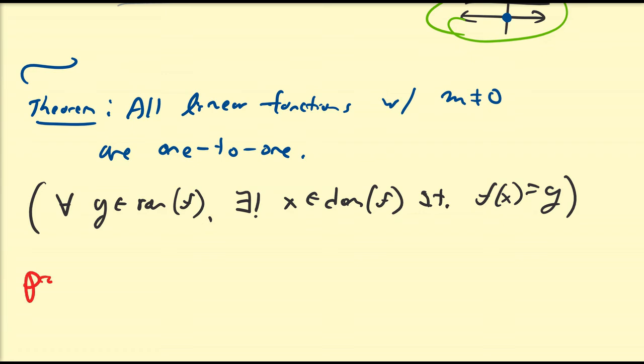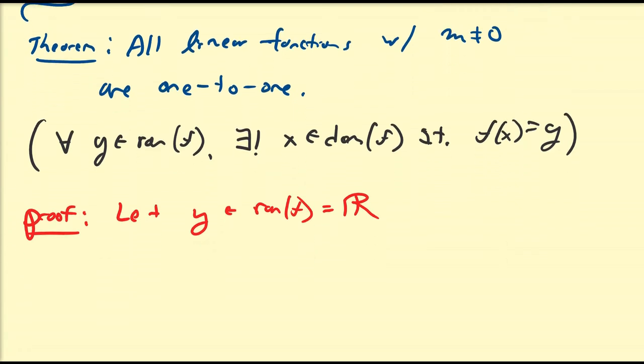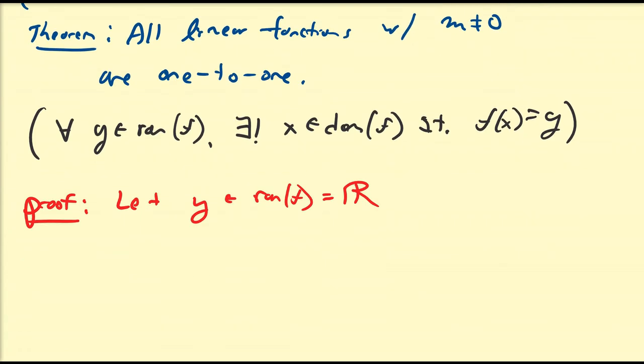All right, let's see if we can prove this. I'm going to let y be an element of the range of f, which we know, of course, is R. So it doesn't matter which real number you choose, there should be a unique x that corresponds to it.